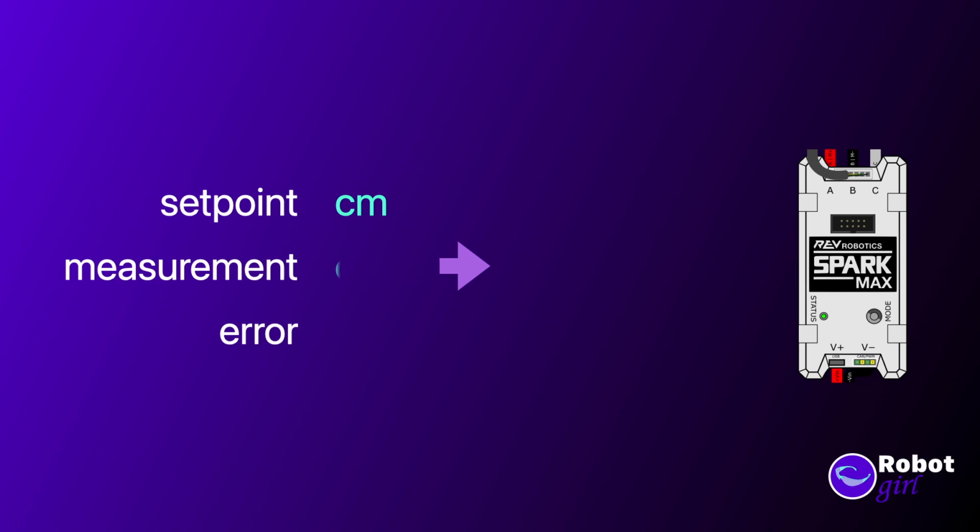The units on your set point, measurement, and error values will almost always be different from the range of numbers that the motor or other movement device needs for input. In our example, our error value is in centimeters, but our motor needs to know what speed to run at as a percentage from -1 to 1. For other systems, the motor input might be a voltage, like -12 volts to +12 volts.